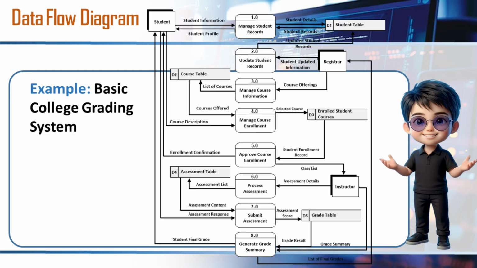Now, I have created an example of a physical DFD for a basic college grading system. Please carefully observe the diagram and understand that not all college grading systems will follow this exact process or structure. This is only an example based on the results of the system analysis and the requirements identified in the SRS.